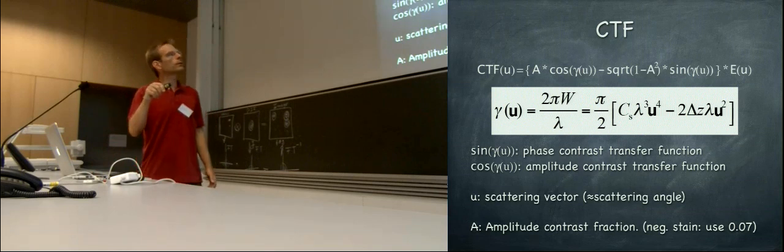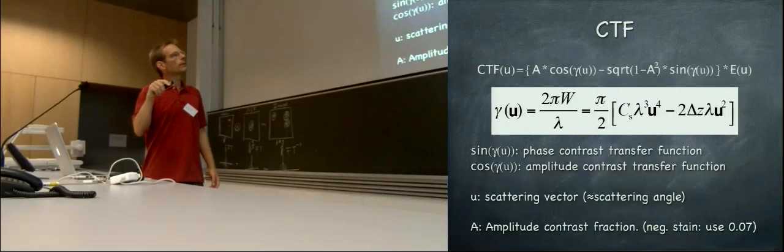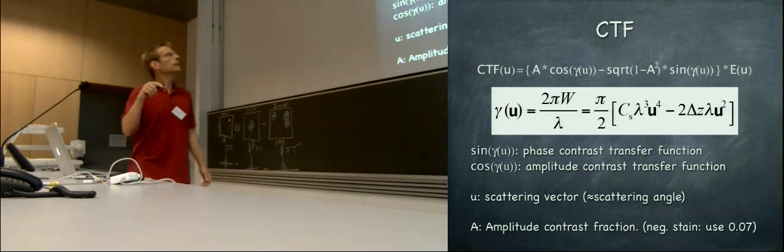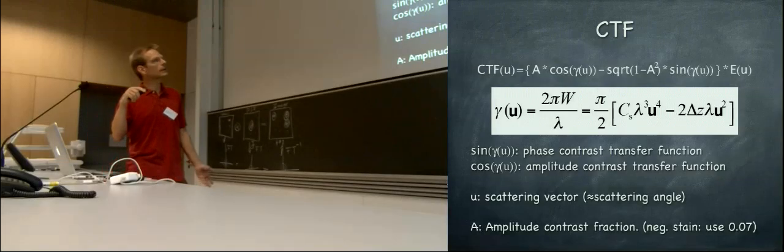So the more phase shift we have, the sinus of that is the contrast transfer function, which then gives an oscillating pattern. And this would be the phase contrast fraction. And then you also can calculate a cosinus of the phase shift, and that is the amplitude contrast that our sample gives us, with a factor in front of that, and this is with a factor in front of the phase contrast. And this all gives us the phase and amplitude contrast transfer function.